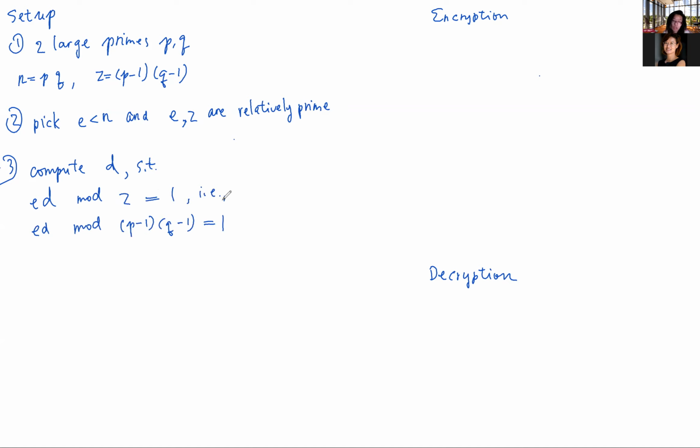That means E times D minus 1 is exactly divisible by Z, the totient function. So there's this special relationship.